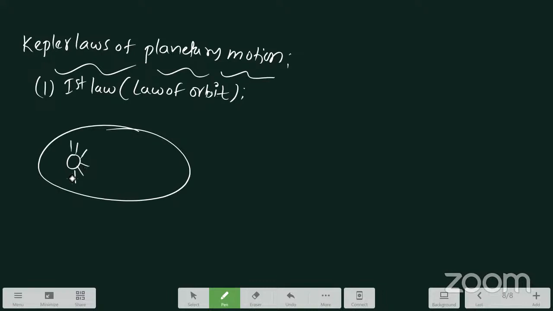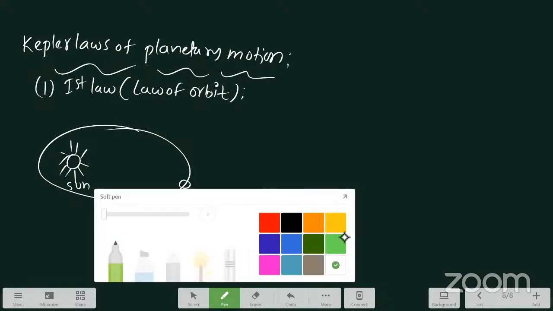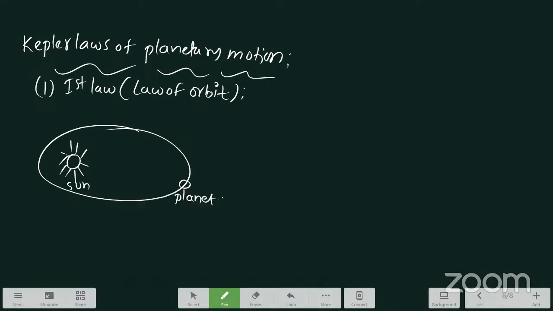Sun. Planet. For every statement, student, one diagram is present.